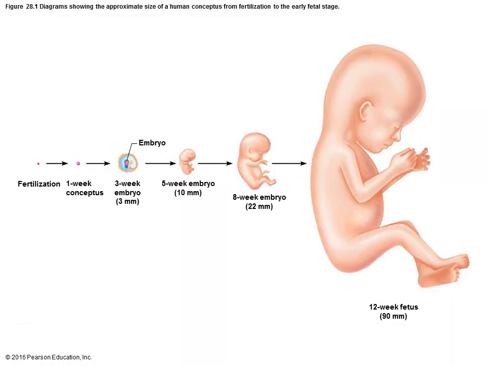This diagram shows approximate size from fertilization, 1 week, the 3-week embryo, to the 5-week embryo, up to 12 weeks, which is about 90 millimeters in size.